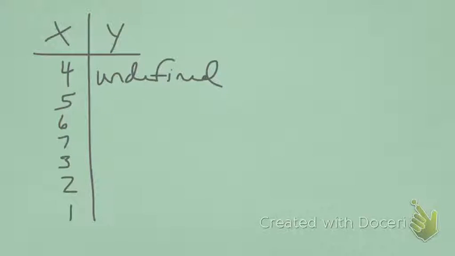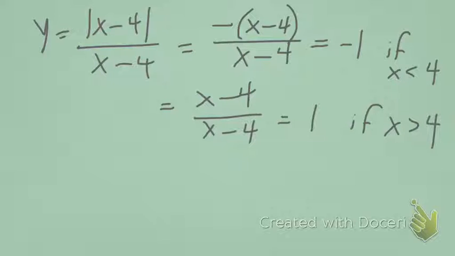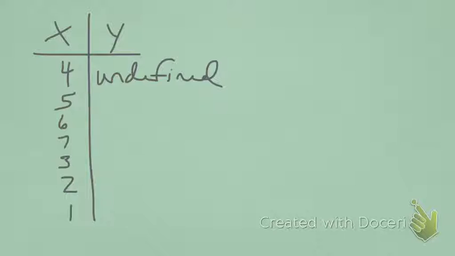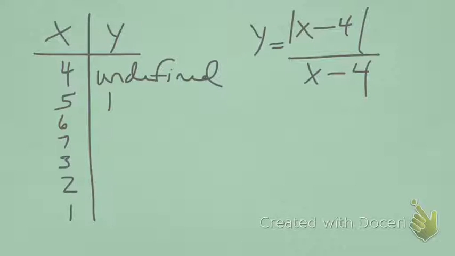If I plug a 5 into that equation, I've got 1 divided by 1. That'll give me just 1. If we plug a 6 in, we get 1. If we plug a 7 in, you have 3 divided by 3, which is also 1.